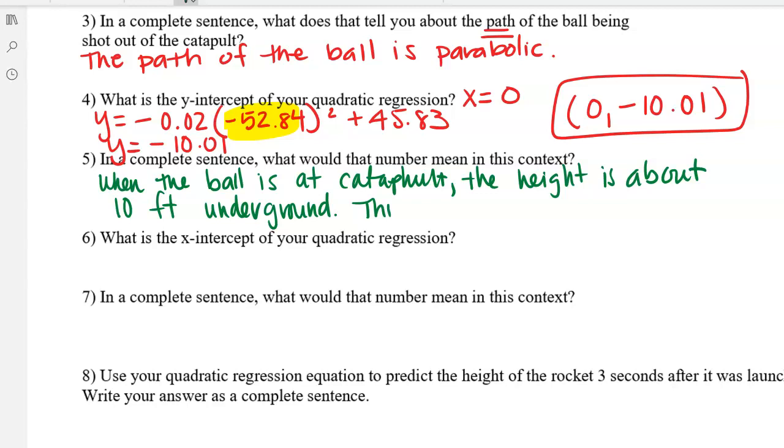This does not make sense in this context. Okay. I'm going to check that number again to make sure. 52.84 squared.